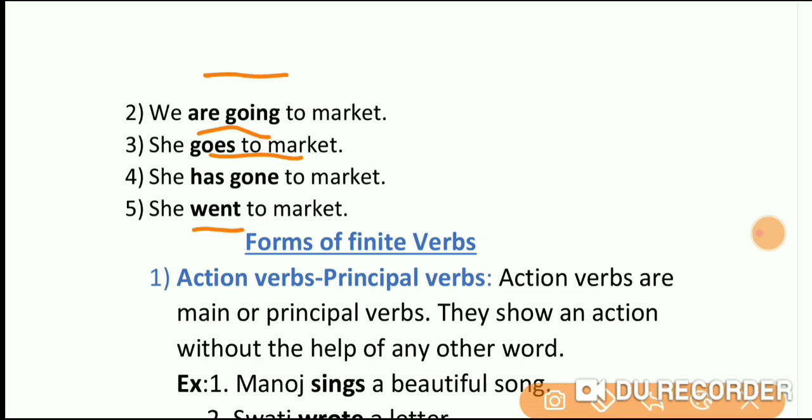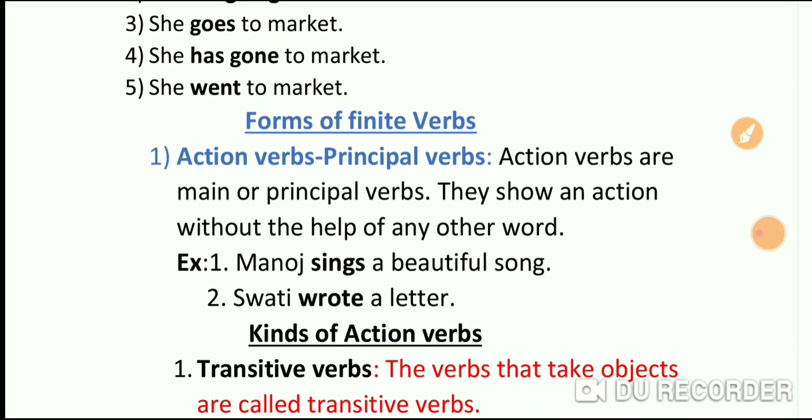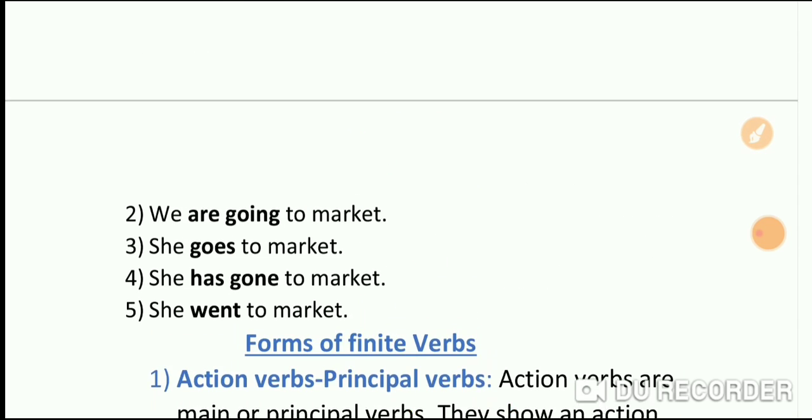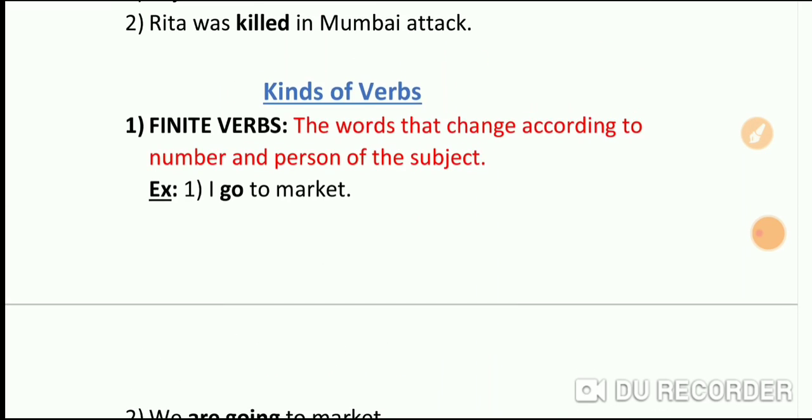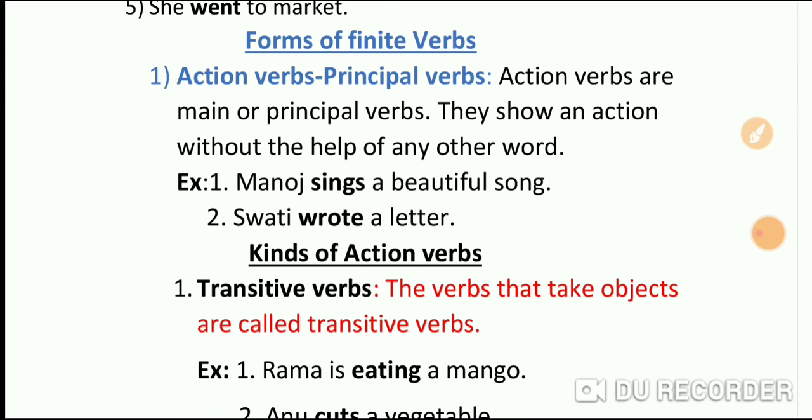So in this way, they change in their form according to the number of the subject and person. They are called finite verbs. And in these finite verbs, again there are subkinds.